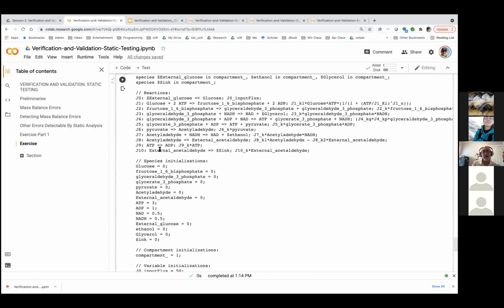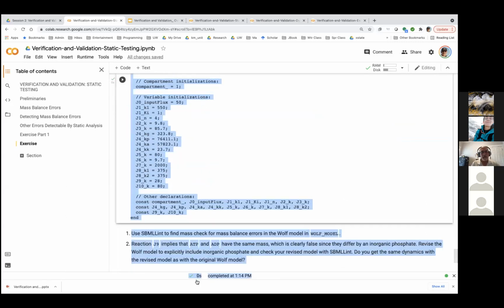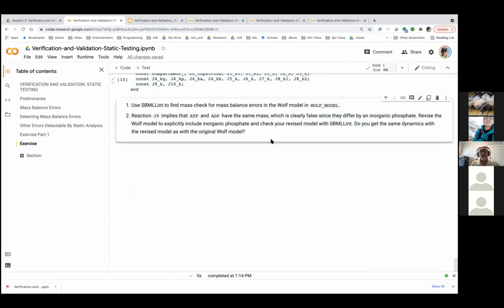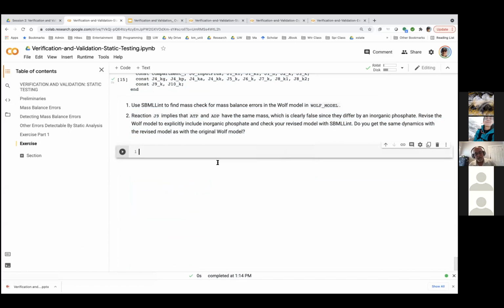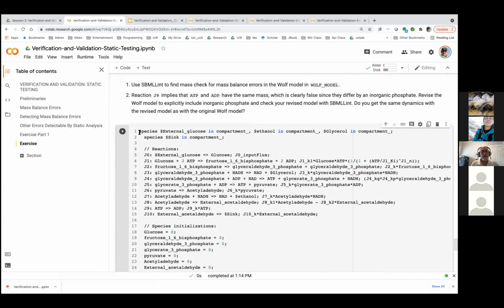Part 2 is to modify the wolf model and do this. And the way you're going to modify it is, once you print it out here, you can copy it like this. And then for the second part over here, you can paste it. So now you have your own copy and you can say like, new wolf model.